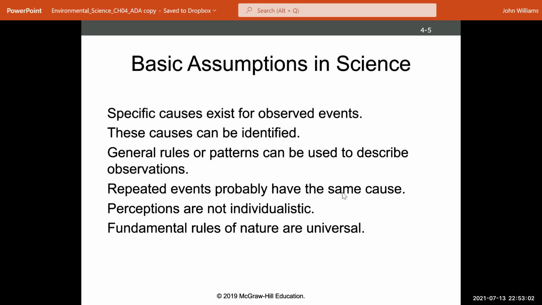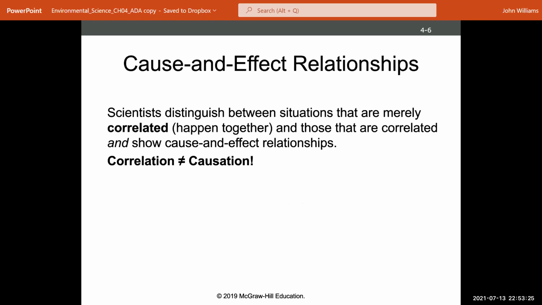And what's cool with this is that we can make fundamental rules of nature that are universal. And so all of these assumptions here are kind of grounded in science and the scientific method. And so we can go in expecting these assumptions to hold through the process of science.